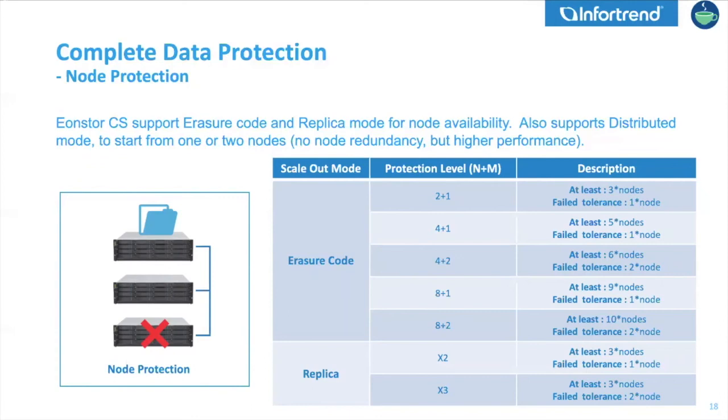One other interesting feature that the Infortrend CS series has is a distributed mode. That will allow you to start from either 1 or 2 nodes. As you can see, for erasure coding and replica, the minimum number of nodes you need is 3. But if you have a customer that needs to start smaller, then you can start with 1 or 2 nodes. And Infortrend have their own algorithm that will distribute data across those 1 or 2 nodes.